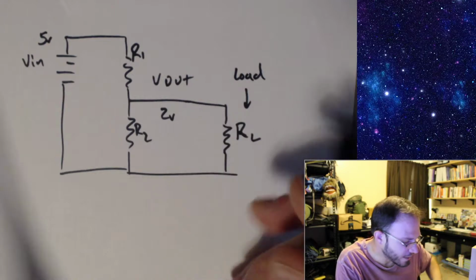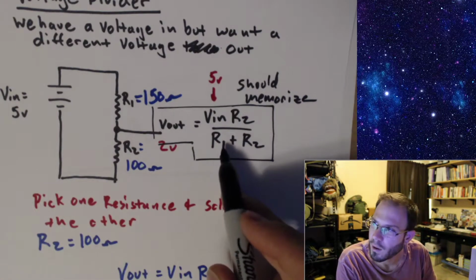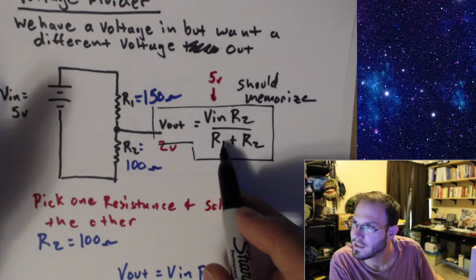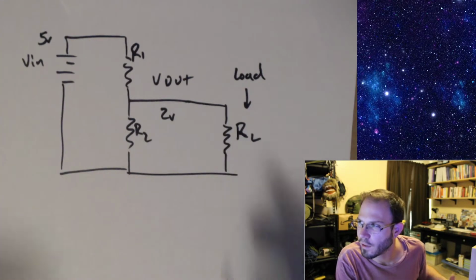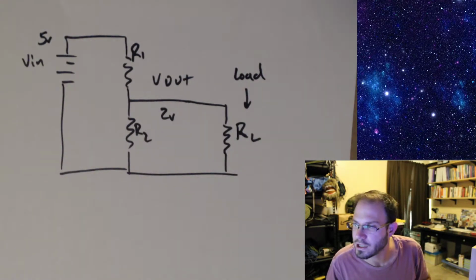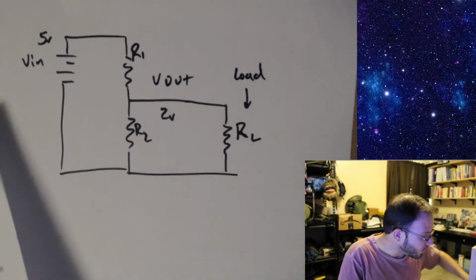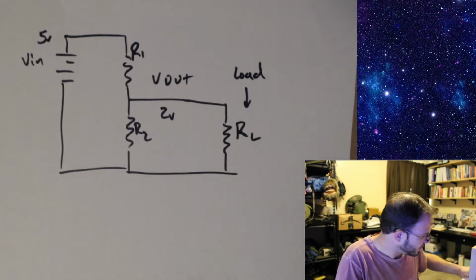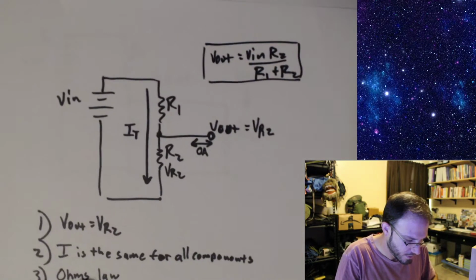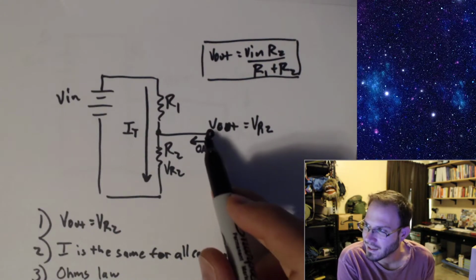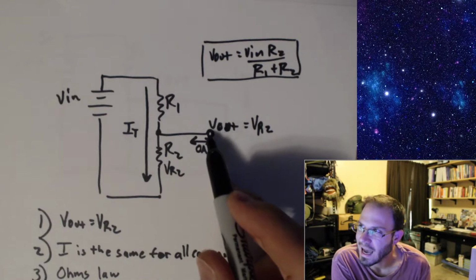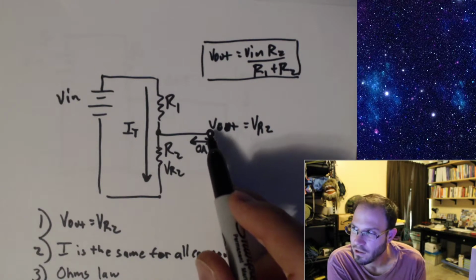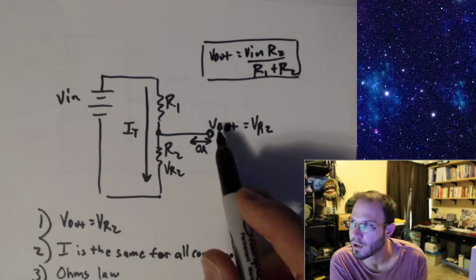So now that begs the question: why should I memorize this equation if the second that I attach something to it, all of a sudden all bets are off with that equation? And I would say that there are many times that we attach things to a voltage divider like this that actually use zero current.